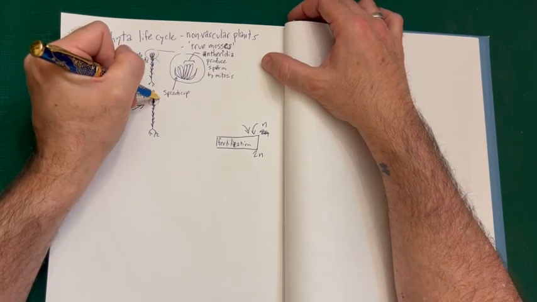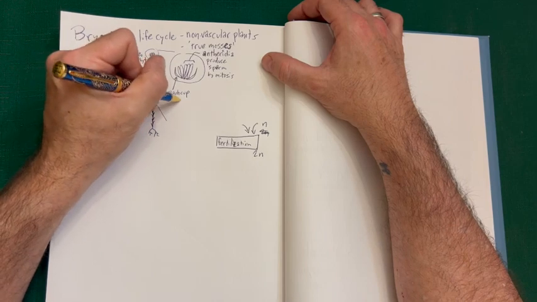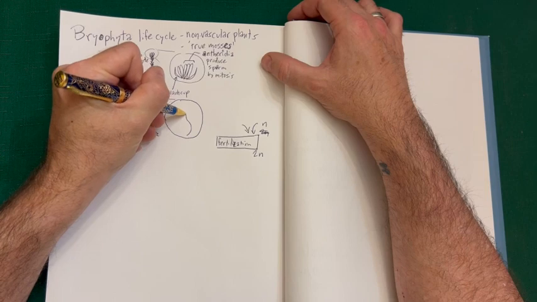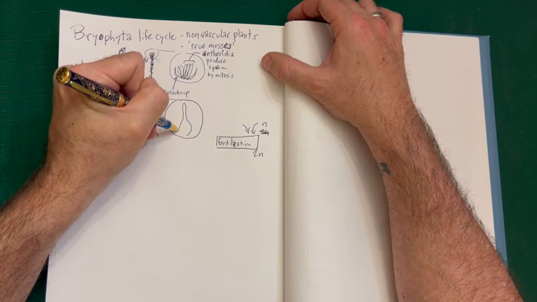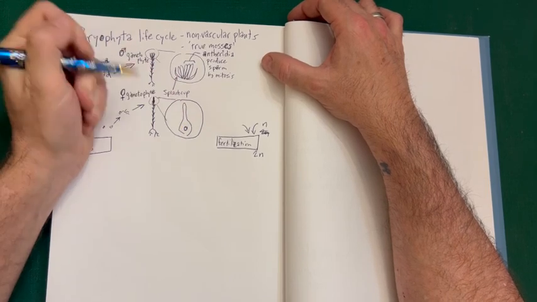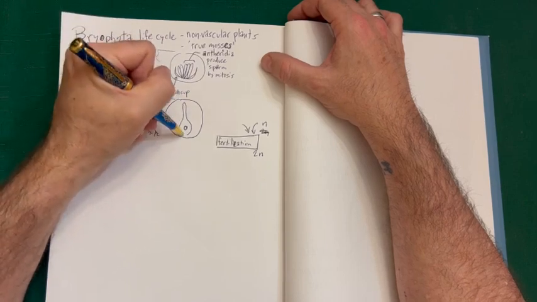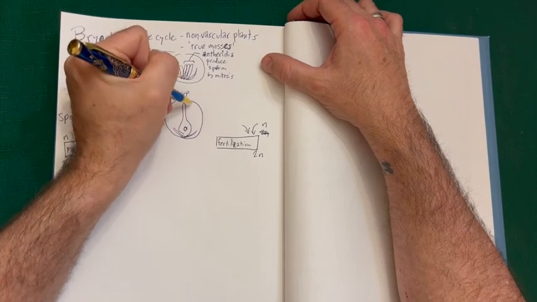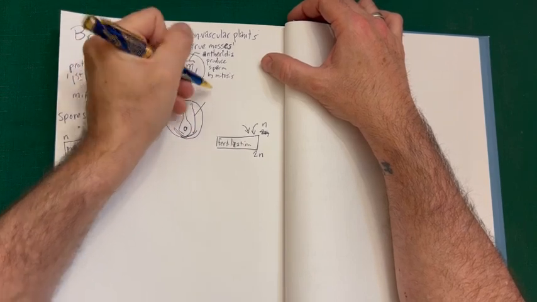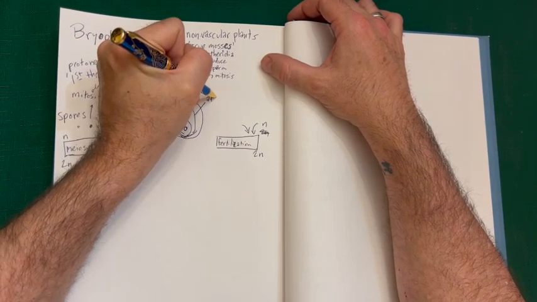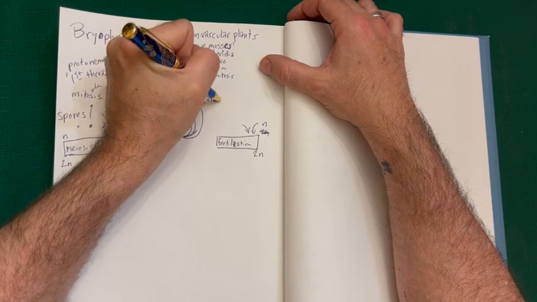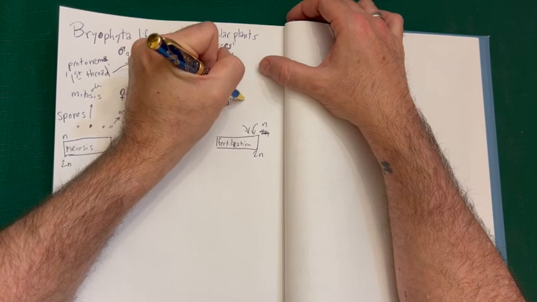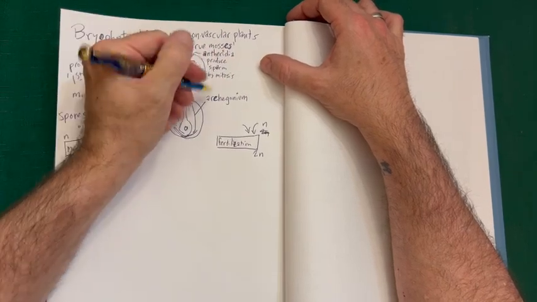Okay, and if we zoom in on the apex, the top of our female gametophyte, we're going to find that there is this structure at the top, and this is called an archegonium. Archegonium is how we spell archegonium.